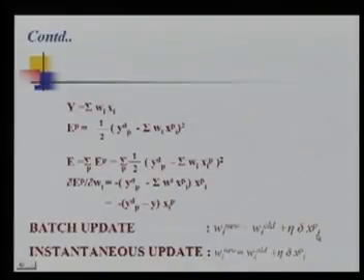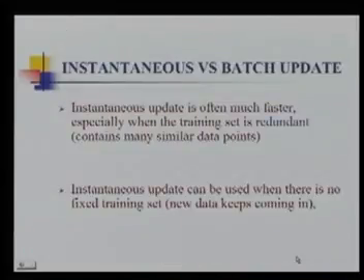So, this is my general form, and there is again a mistake here, there is a sigma. When I make it an instantaneous update, that means I simply use this del E p by del w i, then I have this simple rule, that is my instantaneous update. So, what is the difference between instantaneous update and batch update?